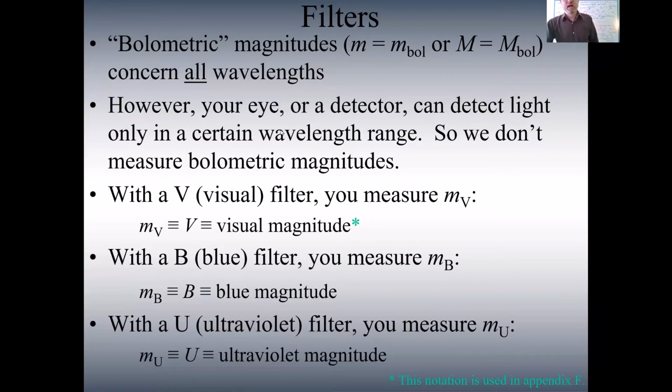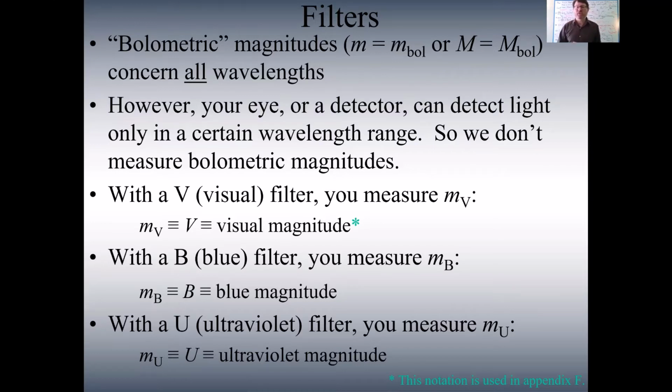So let me go back to sharing this and point out that if you are measuring with the V filter in particular, then we would call the magnitude just capital V, which is the same thing as lowercase m sub v. So this is a new notation. It's the notation that's used in your textbook. It's a common notation.